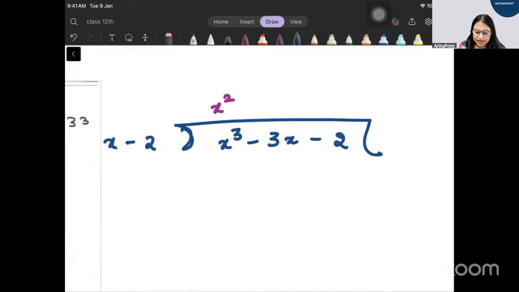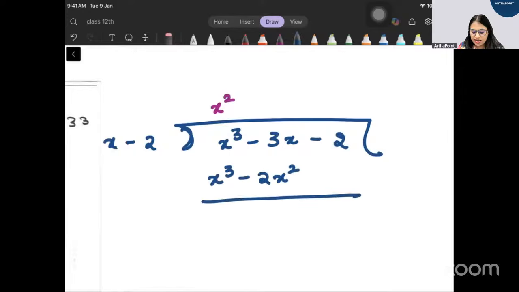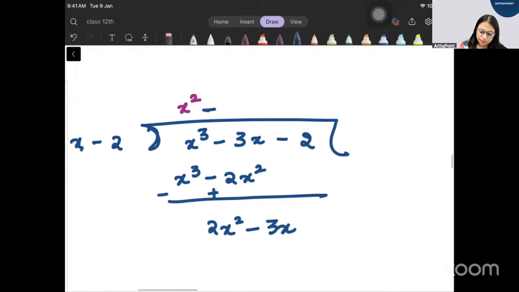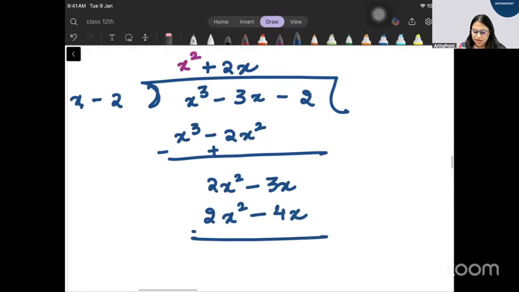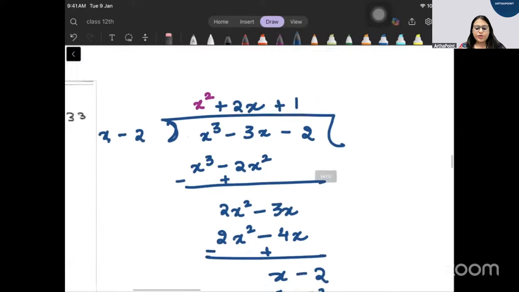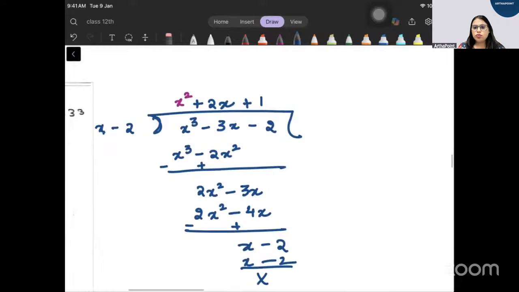So you will get x cube minus 2x square. Change the sign. So you will get 2x square minus 3x. So 2x square and x means plus 2x. So this will be 2x square minus 4x. Change the sign. So you will have x minus 2, then plus 1, so this will be x minus 2 and gone. I hope this is elementary mathematics, all of you know this.